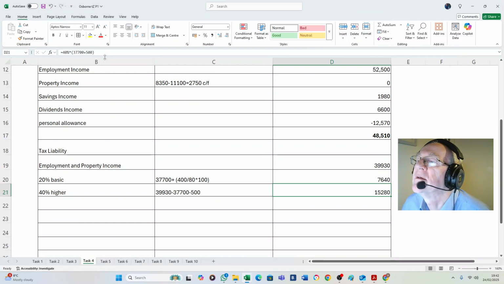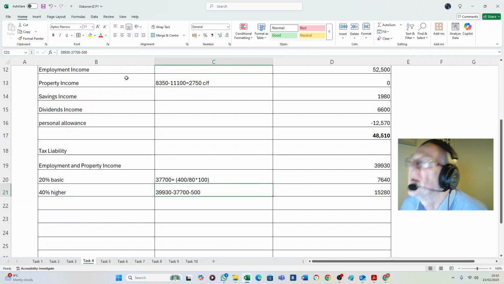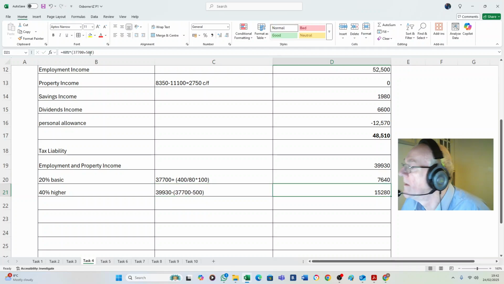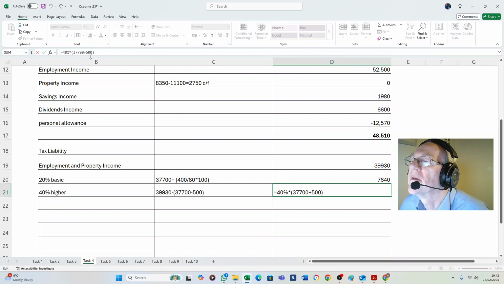Higher 40%. What am I doing? Hang on, no, I've done that completely wrong. I meant to do, hang on, 30 minus. Completely wrong. 40% of, hang on, I've got that formula completely wrong.